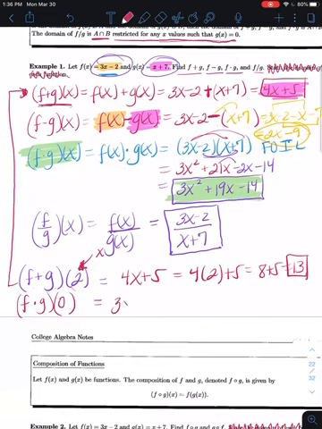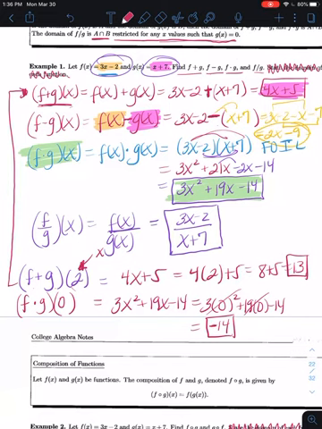So it's going to be this 3x squared plus 19x minus 14. And in place of x, I'm going to plug in 0. So 3 times 0 squared plus 19 times 0 minus 14. Anything that's multiplied by 0 drops off. So your final answer is just negative 14.